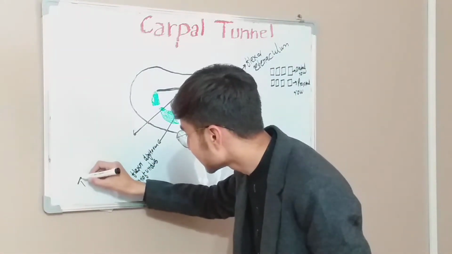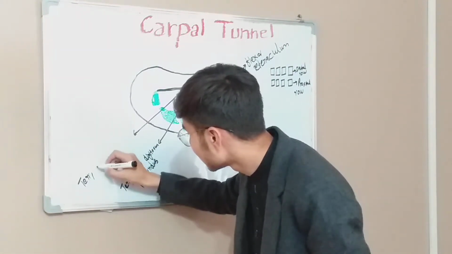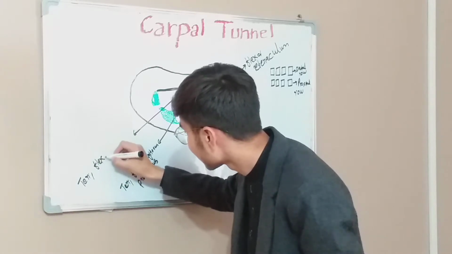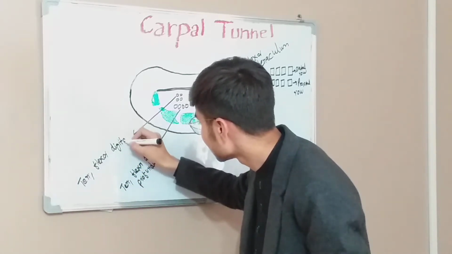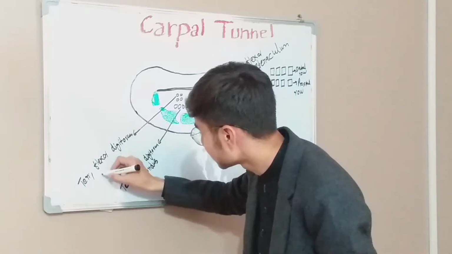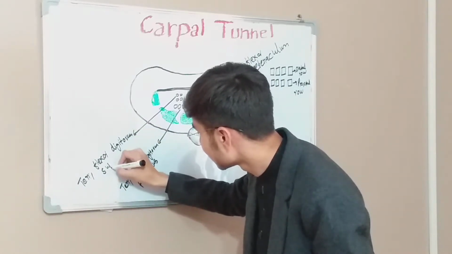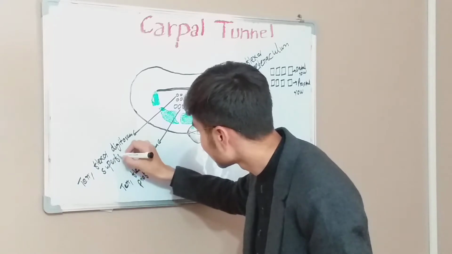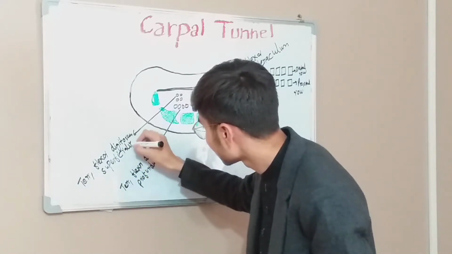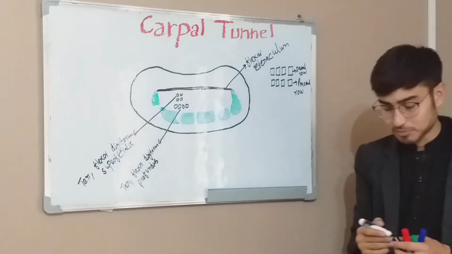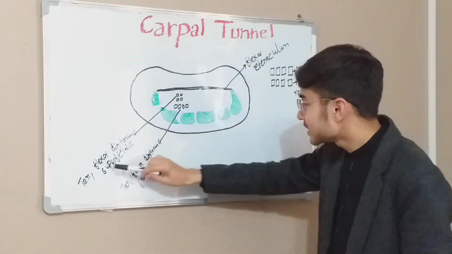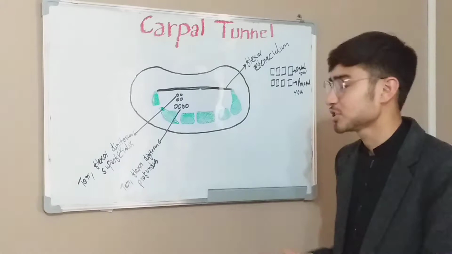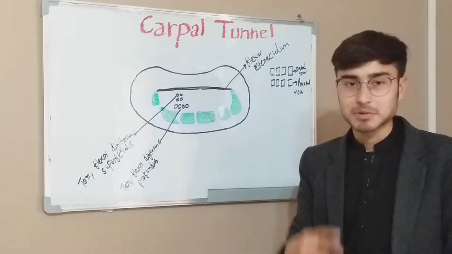These are the tendons of the flexor digitorum superficialis muscle, right? And as I have already told you, the tendons of the flexor digitorum superficialis are arranged in the form of 2 rows.